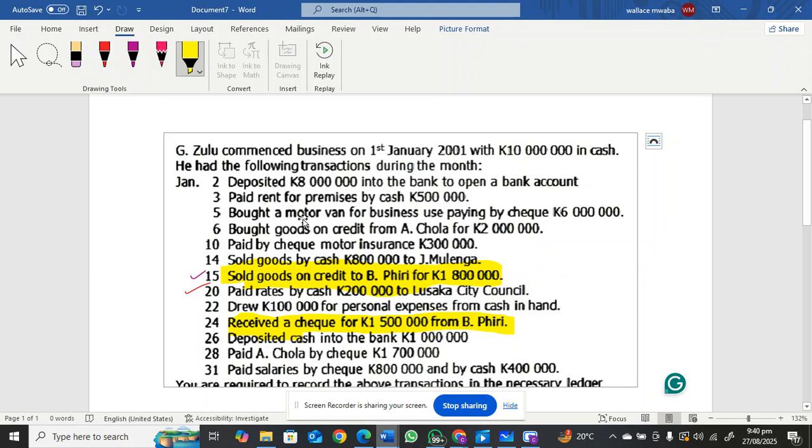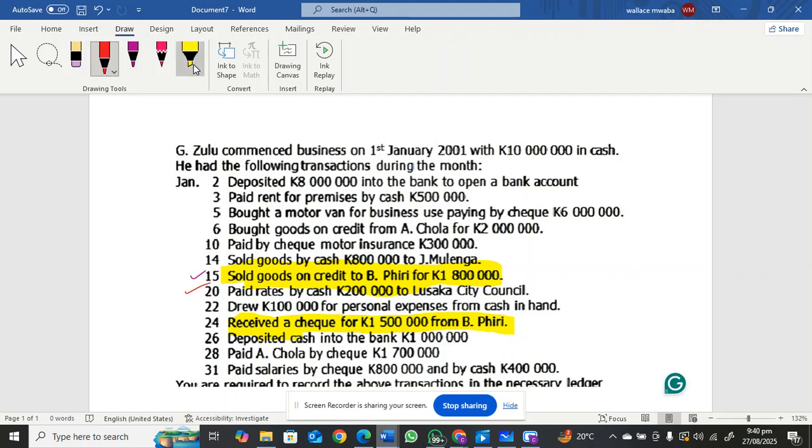Remember, we had a transaction with Chola here, on the 6th. So we were owing Chola money. Trade payable, right? Try again, sir. Try again. That's correct.